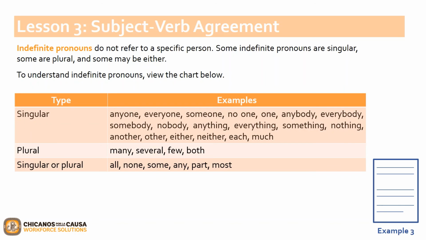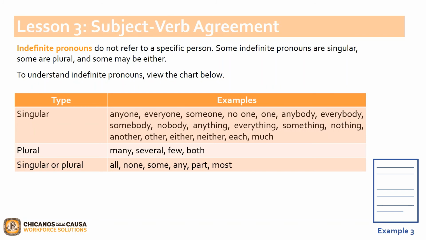As you can see, for singular, some indefinite pronouns would be anyone, everyone, someone, no one, anybody, everybody, somebody, nobody, anything, everything, something, nothing, another, other, either, neither, each, and much.